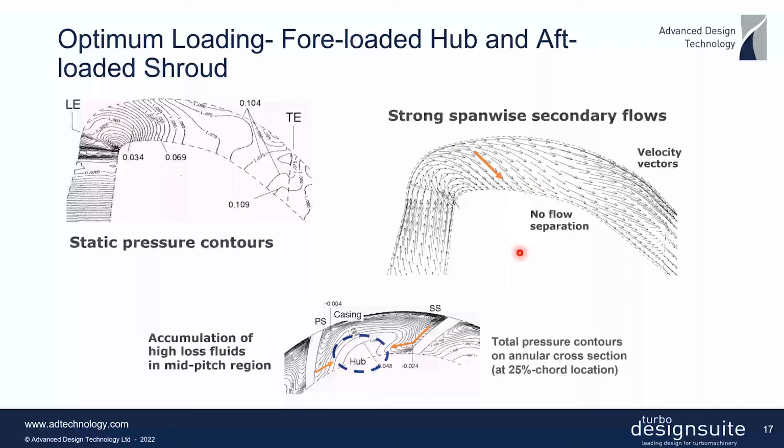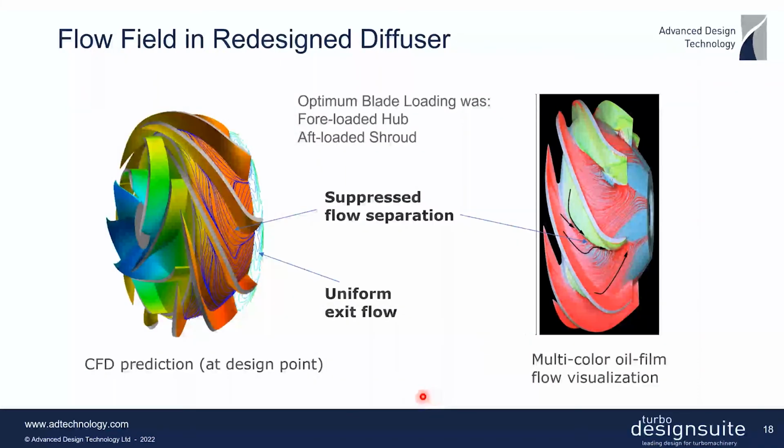And so the net effect of these changes is that by using these secondary flows, we end up moving the low momentum fluid, which was previously accumulating at the corner of the hub and suction surface, to the middle of the passage, as you can see here inside this blue dashed line. And so the net effect is that there is no accumulation of low momentum fluid at the end wall, and we have actually moved the positive pressure gradient forward.